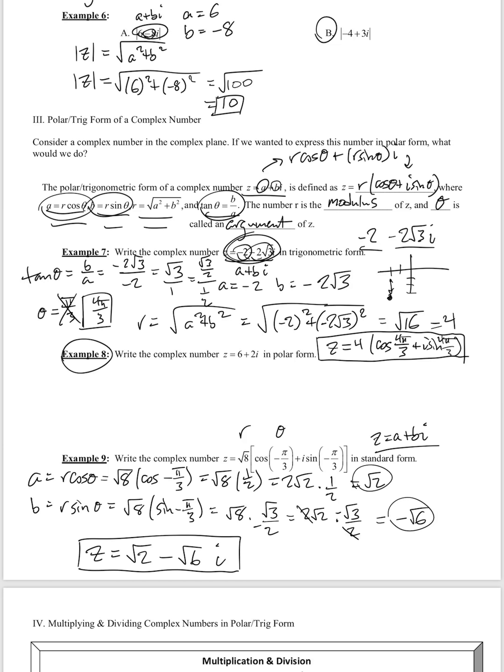It's the same as if I graphed this in the complex plane, where r is the distance from the origin, and theta is the angle in standard position. That was a big topic, and this is so different from so much of what you've ever done in math.